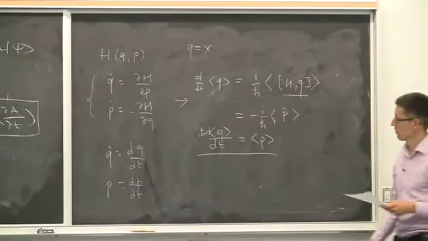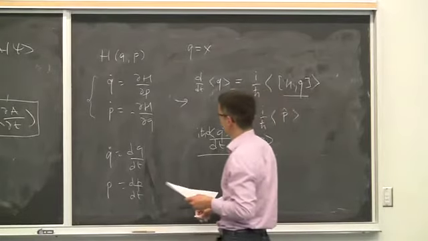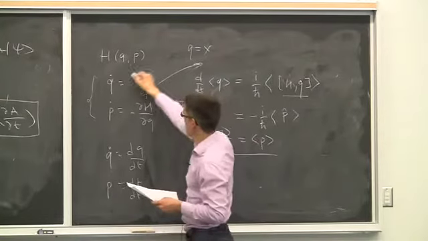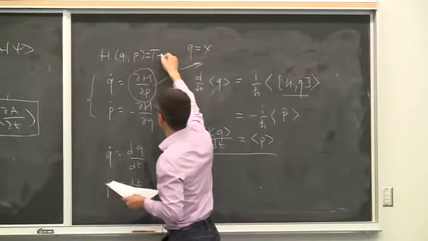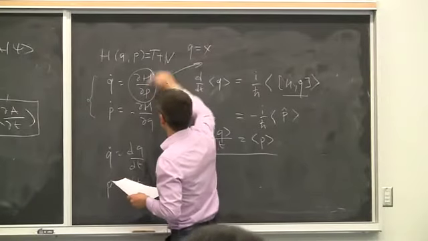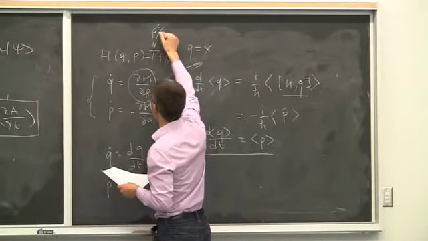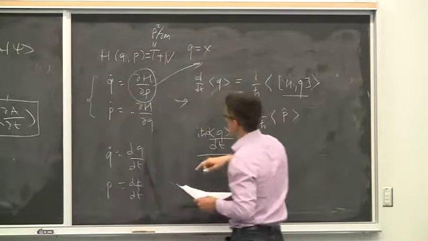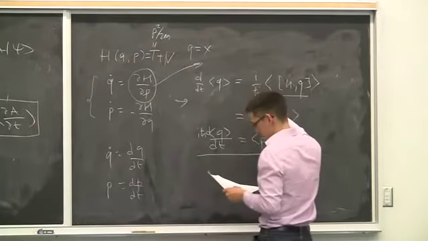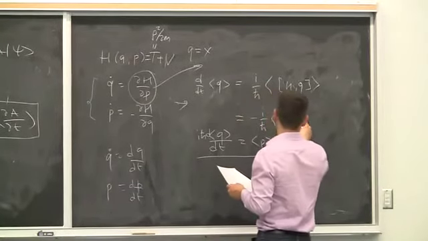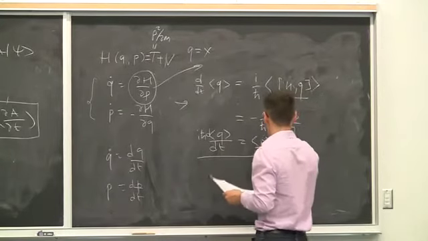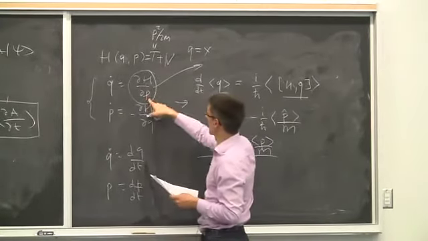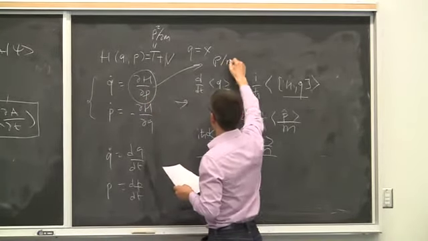So the classical analog of that, if we consider h to be t plus v, while t is p squared divided by 2m, then dh over dp will be simply p divided by m. And here I lost m, it should be divided by m. When we differentiate t with respect to p, we also get p divided by m.